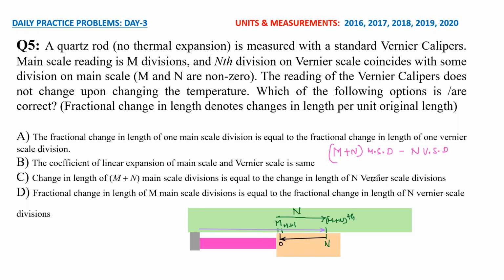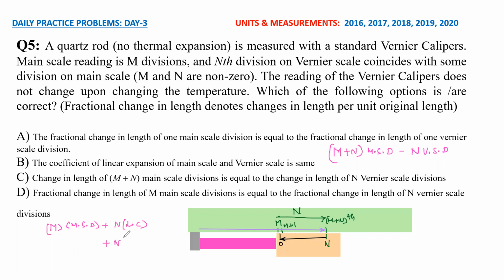Actually, if some of you are a little confused, let me tell you, in general also we take main scale reading into main scale division plus vernier scale reading into least count. This is our regular measurement we take. But what is least count?